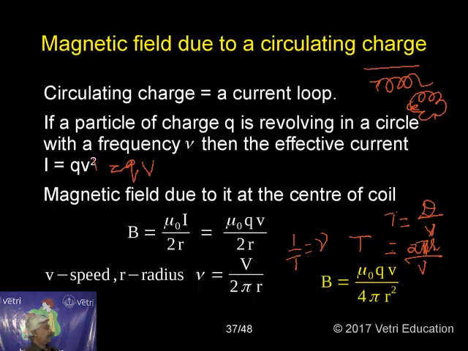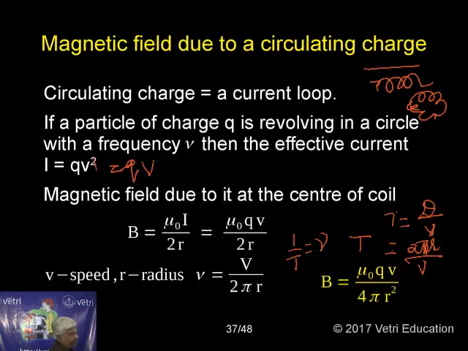So here we can replace the value. For the radius r, nu is equal to v by 2 pi r. Therefore, nu can be replaced: in mu naught q nu by 2r, putting nu as v by 2 pi r, we get 2 into 2 pi r, that is 4 pi r square. That is the thing we have to understand.